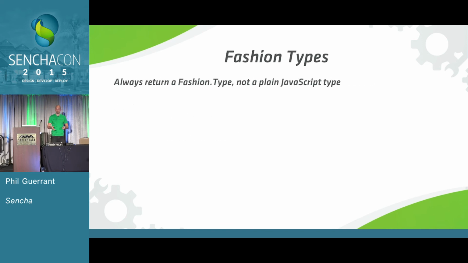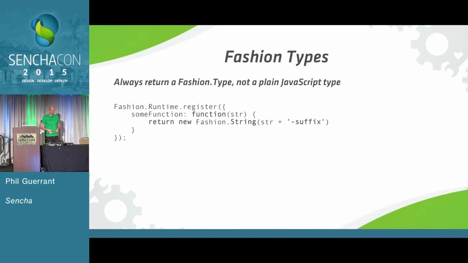And also important to remember, when you're returning a value from a fashion extension, you always have to return a fashion type, because this value is consumed by Sass code, so it can't deal with JavaScript types. So in this case, as you saw earlier, we returned a fashion color. We could return a fashion string, a color stop, a linear gradient, any of those.